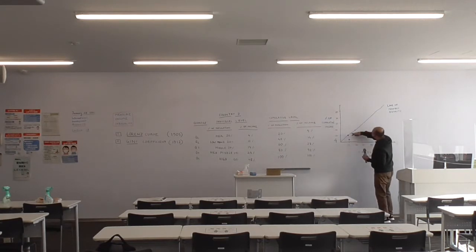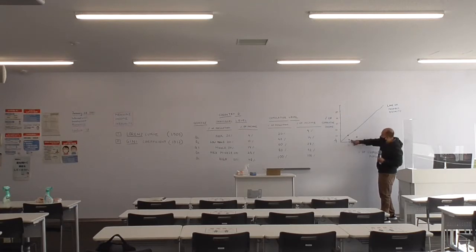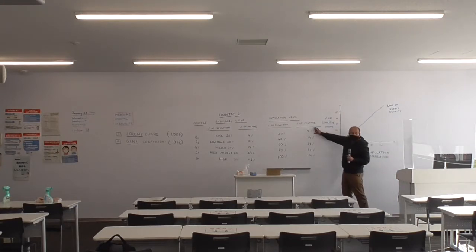So where is 14%? It should be less than here, no? So this is 20, so 40 should be somewhere here, and this is 40%. So let's guess that this point is somewhere here, right? So we get two points. The first point is for 20% having 4% of the income, and 40% has 14% of the income.